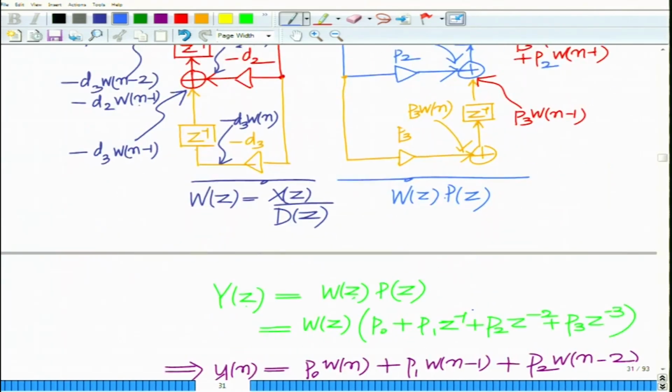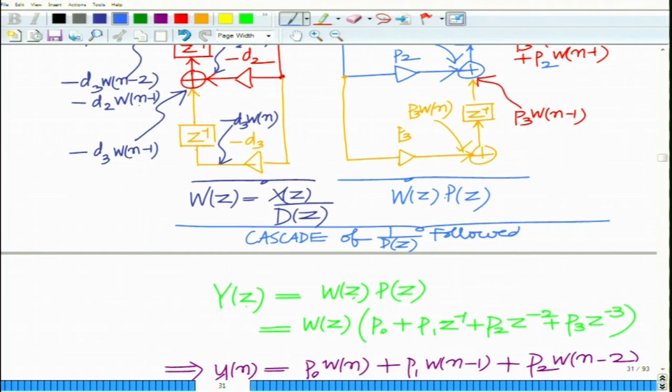So, you can just write this as cascade of 1 over d z followed by P z, okay.